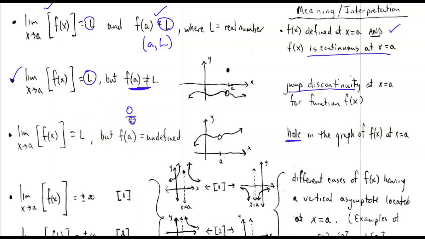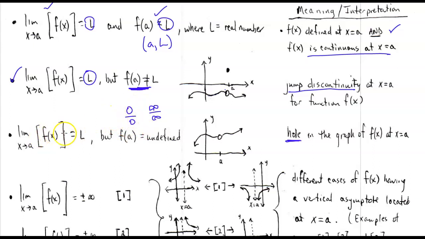And in specific cases, when we had 0 over 0 or infinity over infinity as the indeterminate forms, if we just plug numbers into it, one of the things I told you is that whenever we have that situation, we normally end up having a hole in the graph.